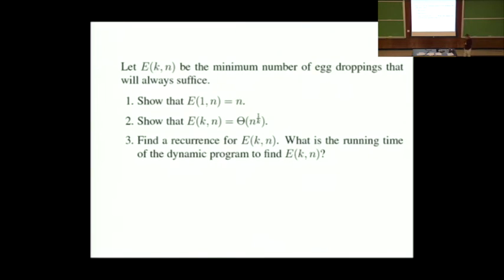Now, once we understand that, I need a recurrence relation. What is my recurrence relation? I've got E_k(n), right? Can anybody propose a recurrence relation for this? Can anyone start to think of a recursive kind of an idea here?